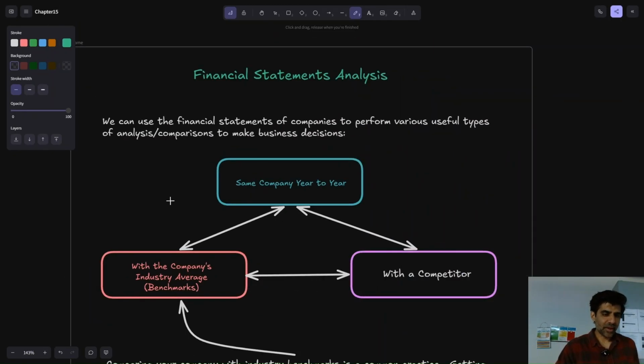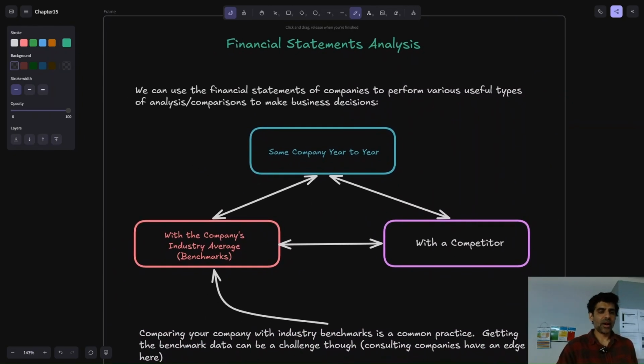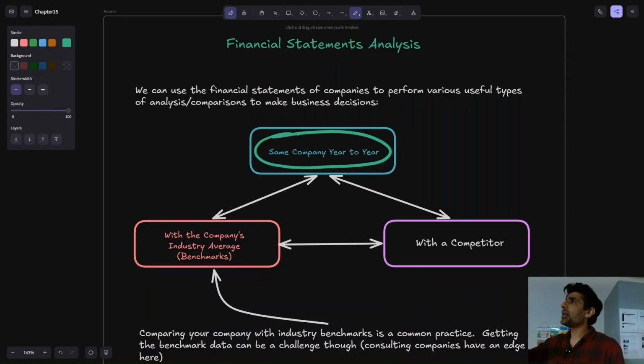Financial statement analysis. Why are we doing this? Well, it's to help us form some analysis for decision making. So what are the types of analysis we can do? The first is we can compare one company to itself over time. If you had multiple years of financial statements, you could see how the company is doing over time, what is changing.